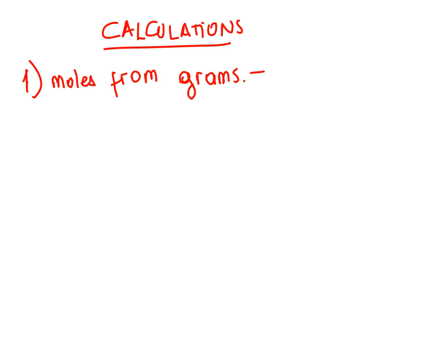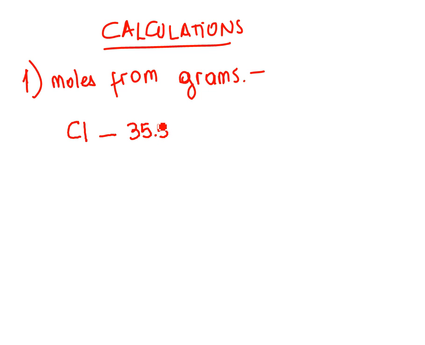Okay, we are going to calculate moles based on grams. So we know that in the periodic table we find the atomic mass units that correspond to every single atom. If you see, for example, chlorine, you are going to see that the atomic mass unit, or the mass number, is 35.5.